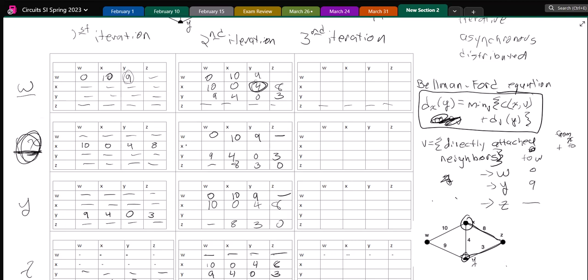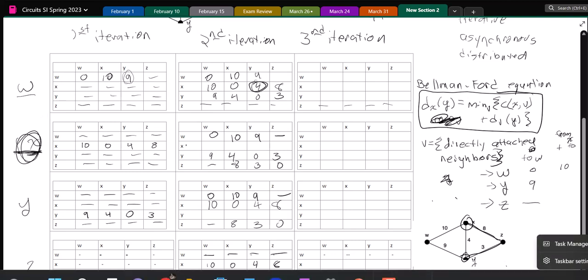How much does it cost to get from x to each of these? Well, now I can look at my distance vector from the column before. How much does it cost to get to x from w? It costs 10, but that one just makes sense. We already knew that one, really. How much does it cost to go from x to y?